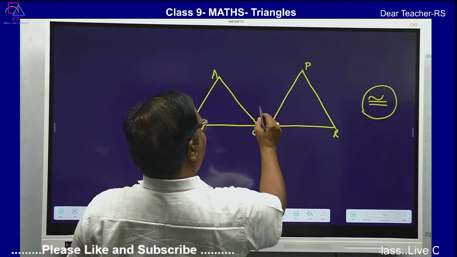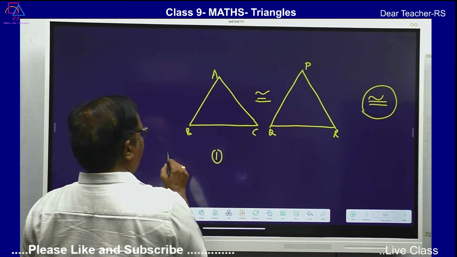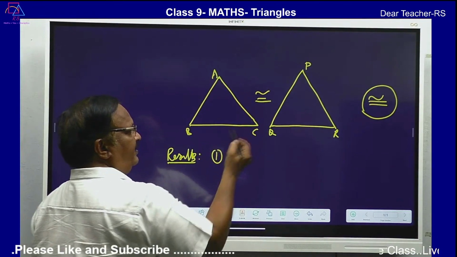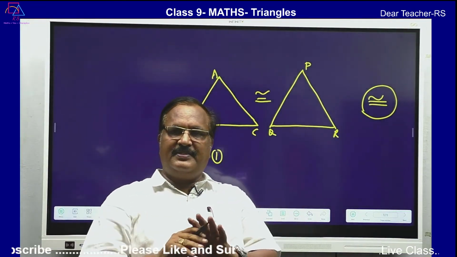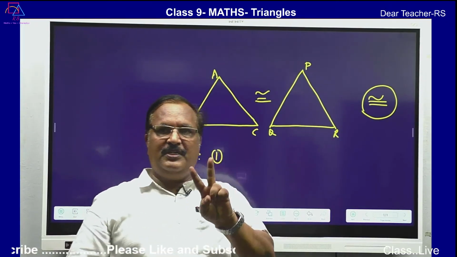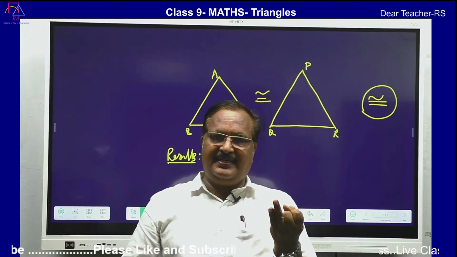So if these two triangles are congruent, then we will have two results. In two congruent figures, they have the same shape, same size, everything the same. In a triangle we have only two kinds of measurements: one is angles, the other is sides.